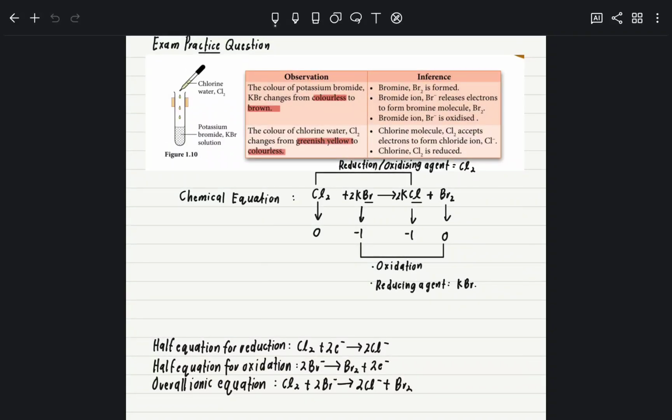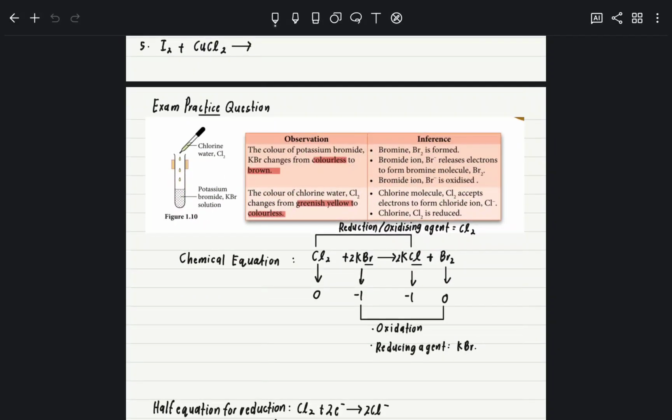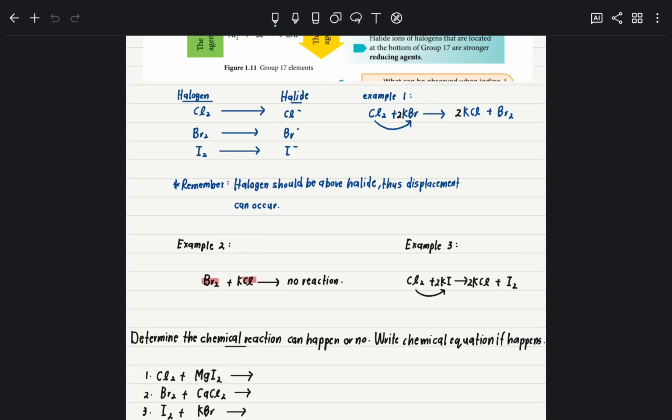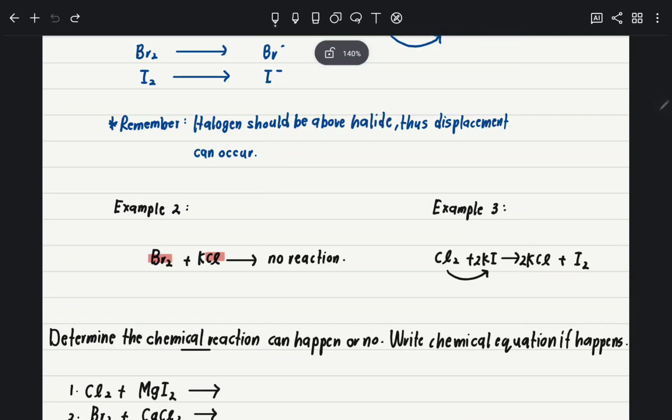As your additional task, I want you to do what I did here for this one, which is example 3, because example 2 has no reaction. So you help me determine who is my oxidizing agent, who is my reducing agent, and then tell me my half equation for reduction and half equation for oxidation. You do the overall ionic equation and you tell me the observation.